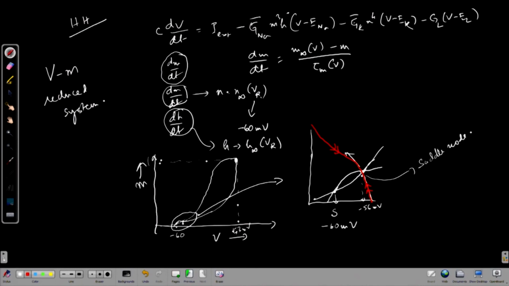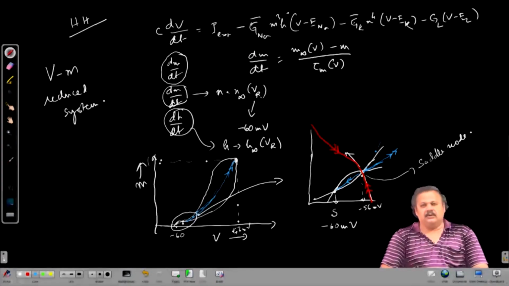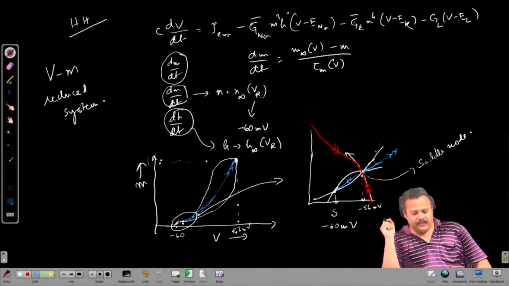The unstable manifolds, which we were drawing in cyan, will end up on the stable node, and the one negative to that will go out along this direction. So this particular unstable manifold, when extended, goes up to the other stable node at the right top corner.